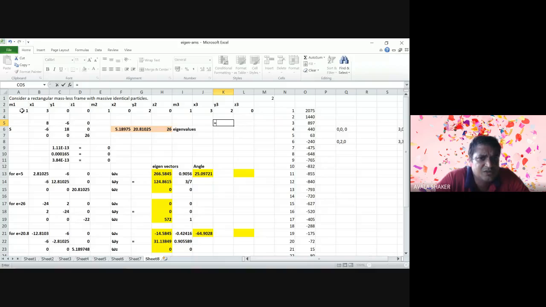It was m1, and when you take m1 for this element, it is y1 square plus z1 square, right? So you will have y1 square plus your z1 square.